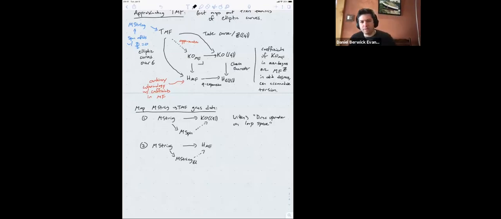So rationally, a spin manifold is just going to be an oriented manifold, and then the string condition is just P1 vanishing in rational cohomology.